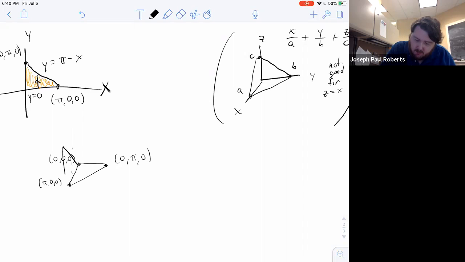There we go. We have this tetrahedron. The bottom face is the piece of the... do I like this perspective? Yeah, I think it's rough.